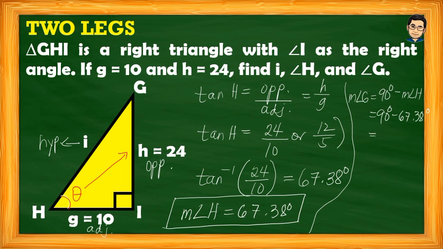Ang makukuha po nating sagot dyan is 22.62 degrees. So, sukat ng angle G is 22.62 degrees. Okay. So, ayan po. Nakuha na po natin yung sukat ng dalawang acute angle and then yung hypotenuse.